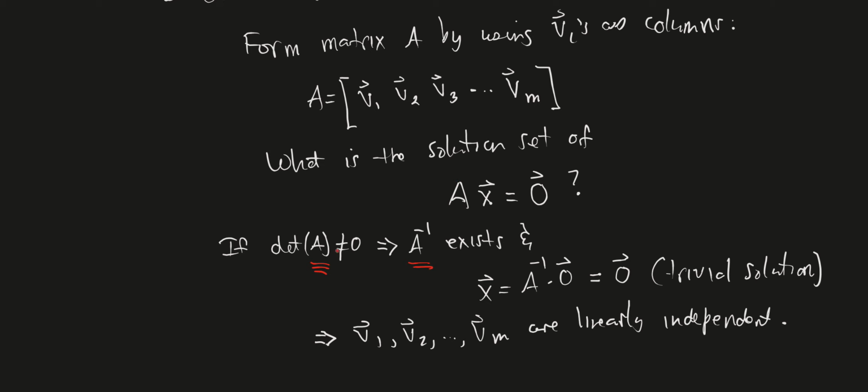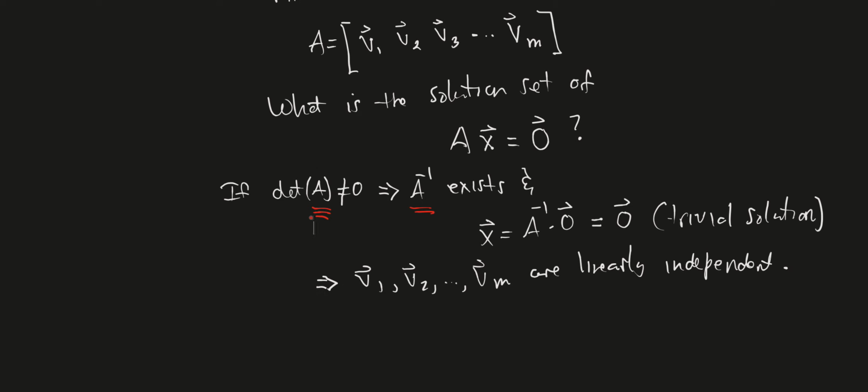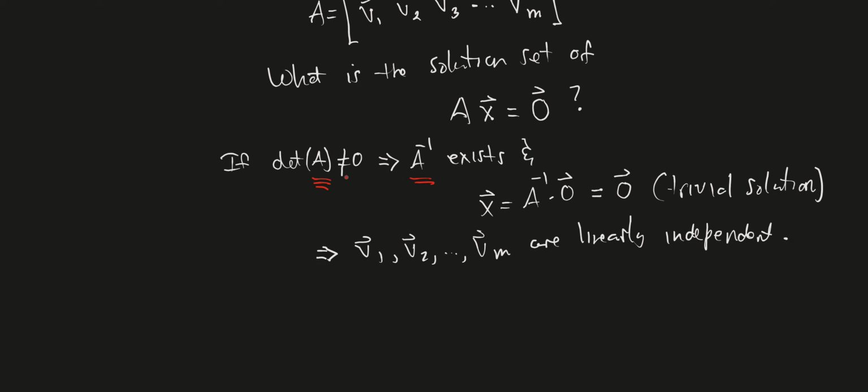Now, what if the determinant is 0? Well, if the determinant is 0, then the matrix doesn't have an inverse, which means A is not reducible to the identity. So you would not get your n pivots, and you would have to have a free variable. Now what that means is if the determinant of your matrix is equal to 0, then the vectors would have to be linearly dependent. Right?